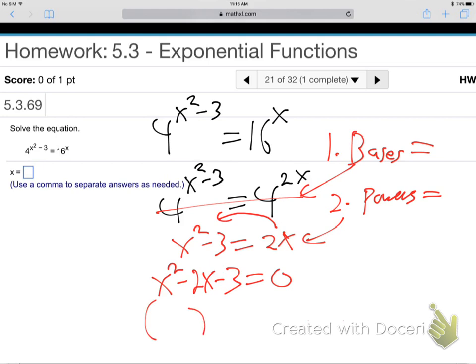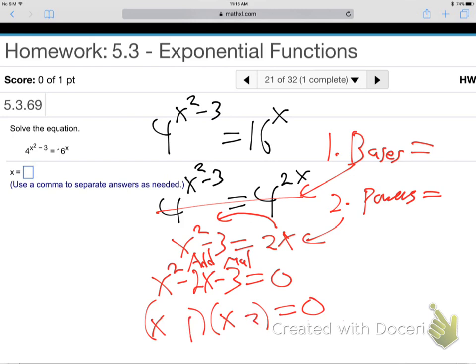And then factor. Right? Am I going too quick? Does that make sense? So I jumped that 2x over, became a negative 2x, and then we factor. Remember factoring? What multiplies to be 3 adds to be negative 2.